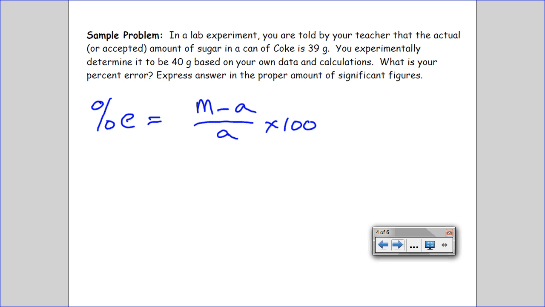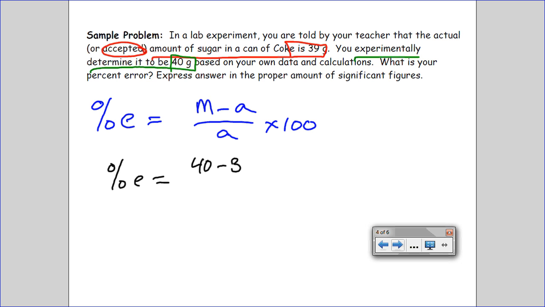So I look back to my problem. The actual, which is the accepted amount, is 39 grams. And the experimentally determined, which is the measured amount, is 40. So I know what values I have, and now I have to plug them in. So percent error is going to be my measured 40 minus 39 divided by 39 times 100. Now, that turns into percent error equals 1 over 39 times 100.